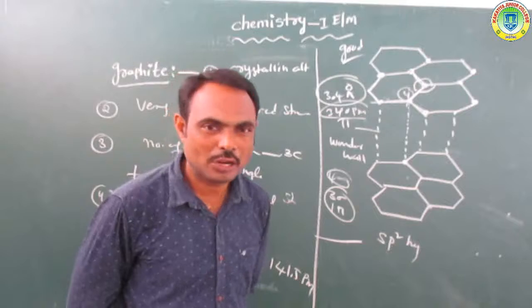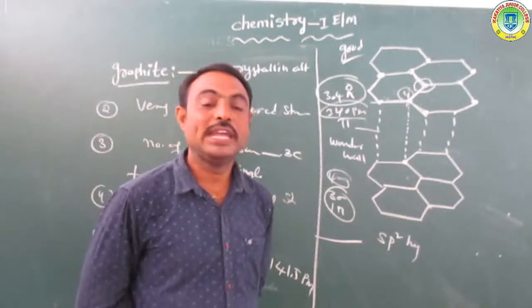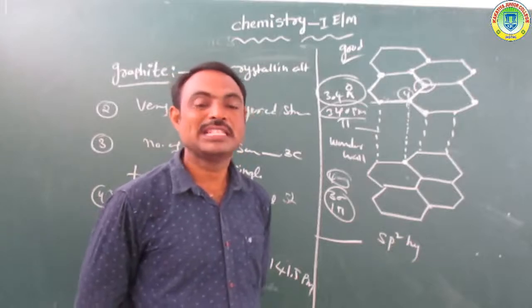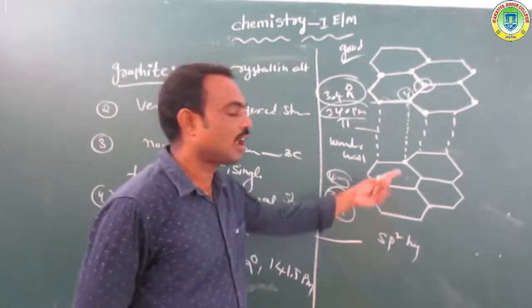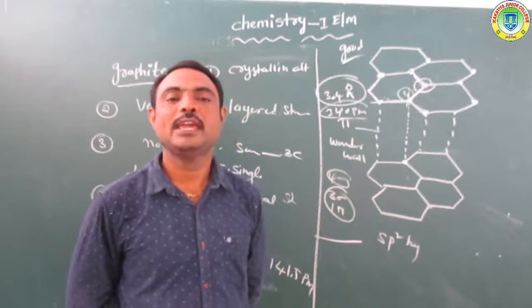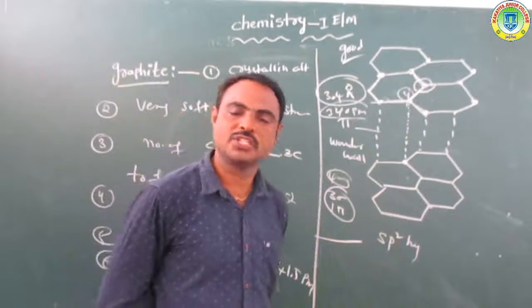The remaining 1 electron forms a pi bond or weak bond. It has free electrons, so electricity flows in graphite. Due to this reason, graphite is a good conductor.